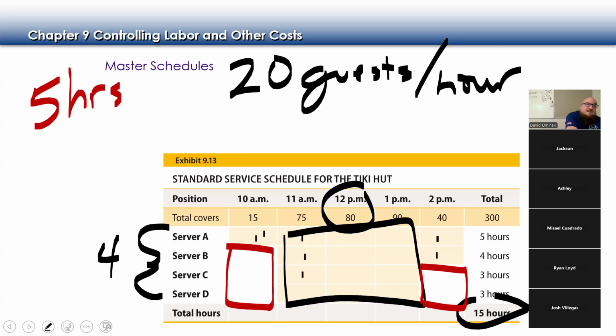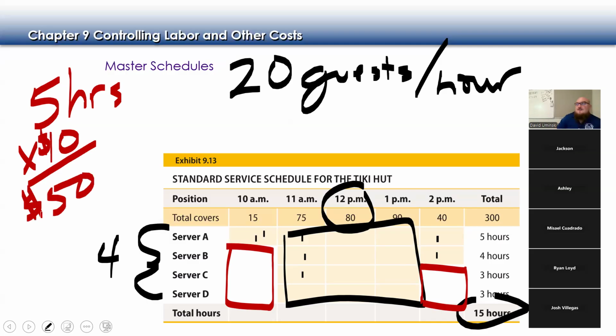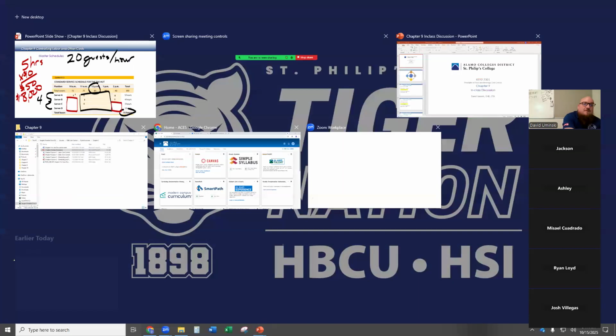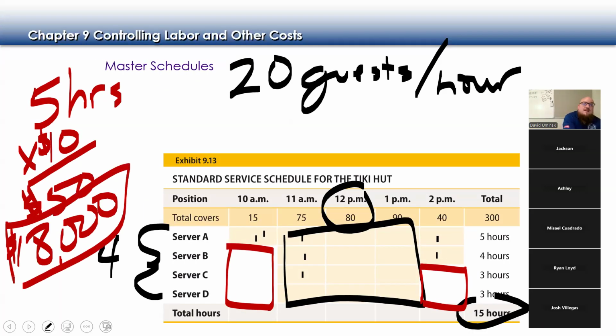Okay. Plus tips. So 5 hours times $10, that's $50. Okay. And we multiply that $50 by 360 days a year, that's $18,000 extra in labor we would actually be paying if we brought all servers in at the same time.